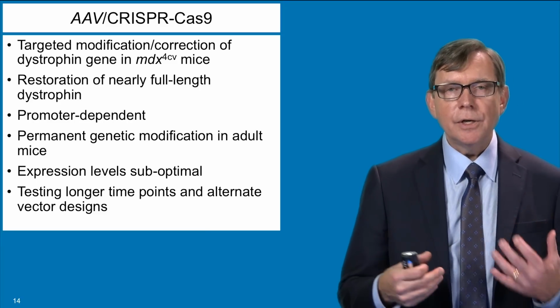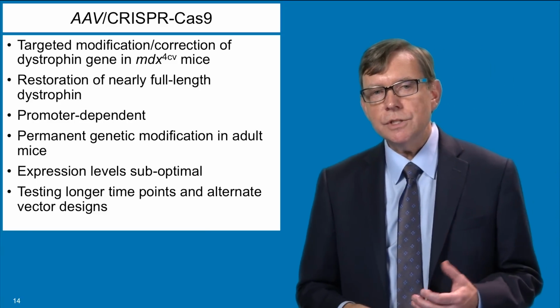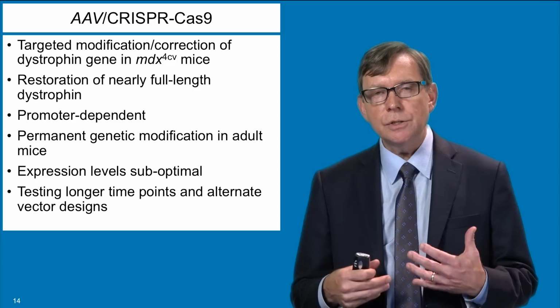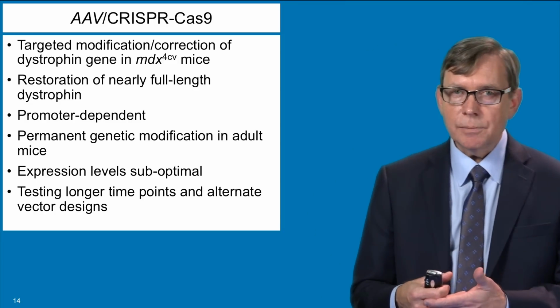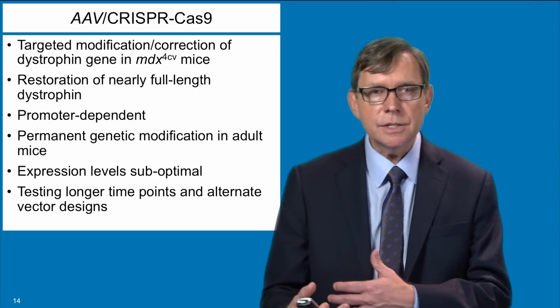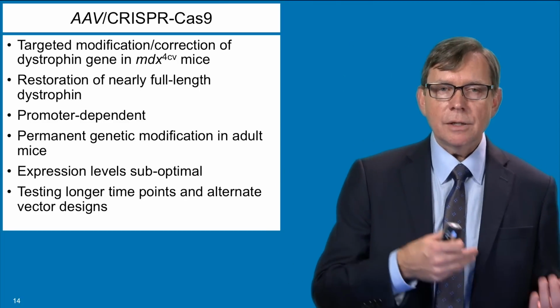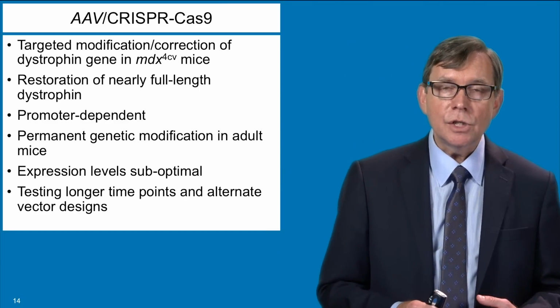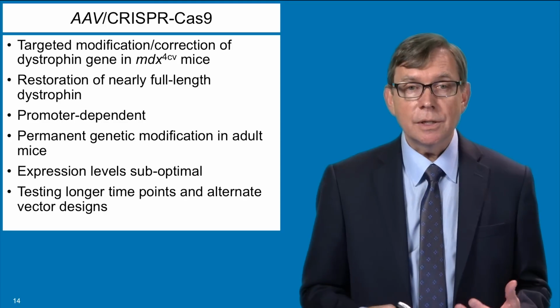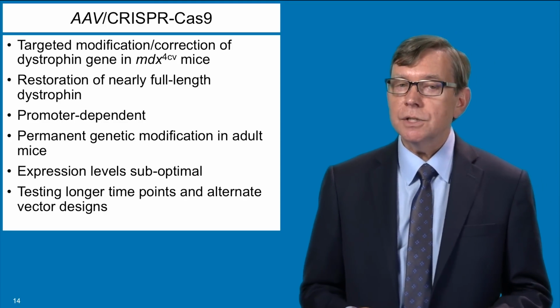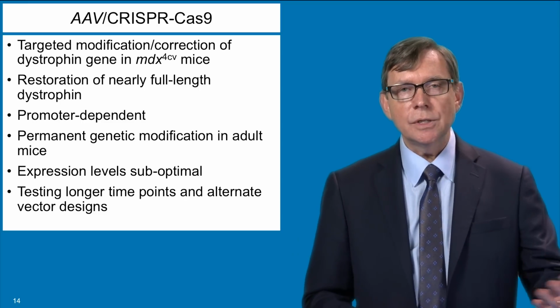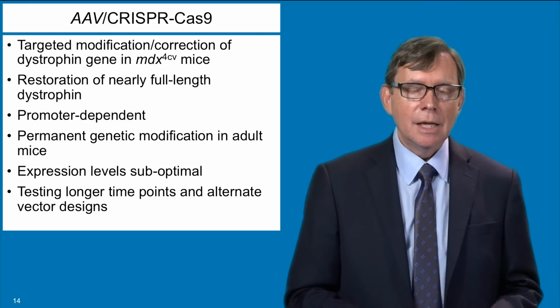There's still a lot of variables that we're looking at that try to improve this technology. We're looking at which gene regulatory elements are best to use to produce the Cas9 protein as well as the guide RNAs. But if this method can continue to show great promise like this, it's a method that can lead to permanent genetic modification in adult mice and hopefully eventually in clinical applications.